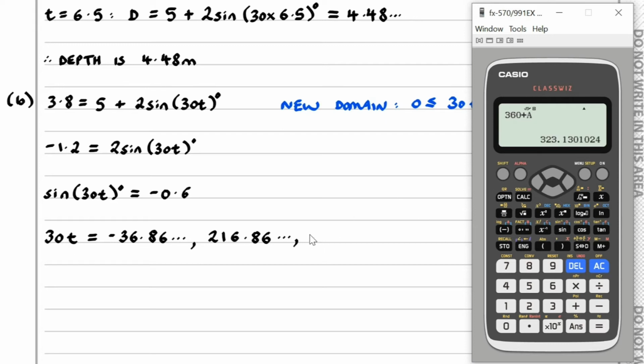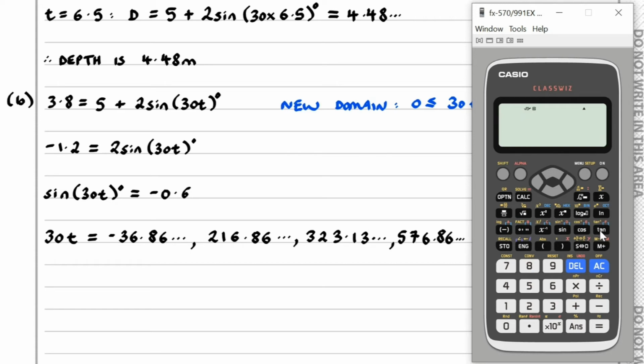So the next value is going to be 323.13, etc. We'll store this into C, and then we've got B plus 360, so that's 576.86, etc. So we'll store this into D.